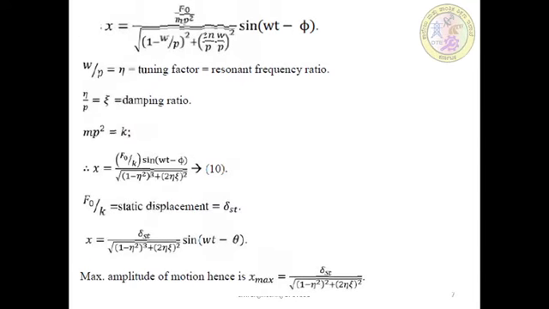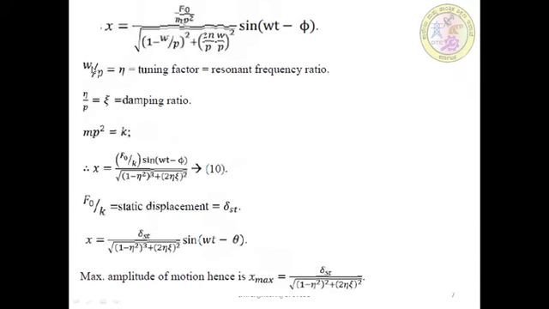Now whatever the displacement equation x is, we can see it here, and we have to assume certain factors, wherever omega by p is there. Omega is the exciting frequency, p is the natural frequency, so the ratio of exciting frequency to natural frequency is nu, that is the frequency ratio.